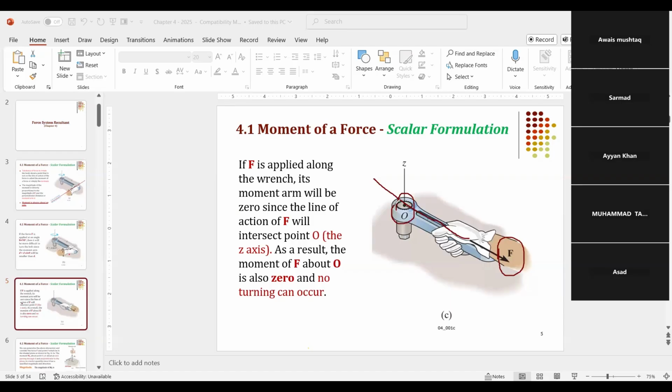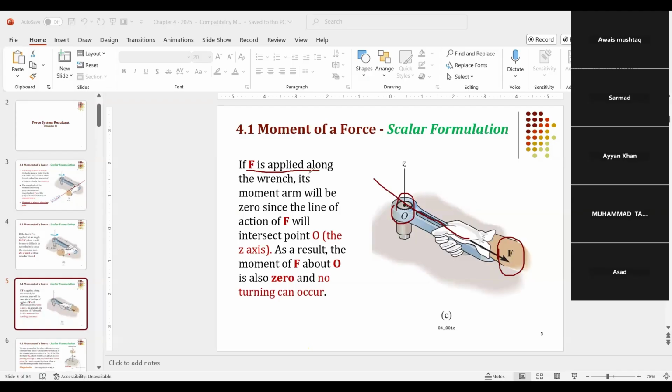Any layman can understand that the way this force is being applied, that bolt cannot be rotated. We have learned from our experience that to rotate that bolt, we must apply the force at some angle, either perpendicular or at some other angle, but not like this as shown here. Let me read the statement.